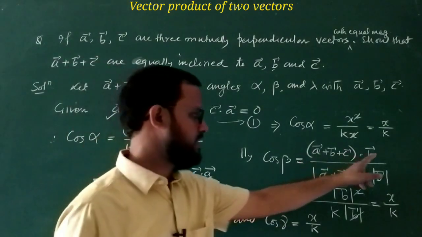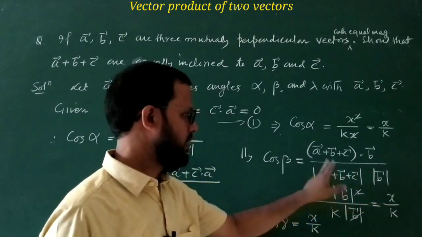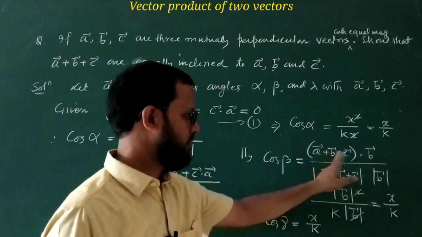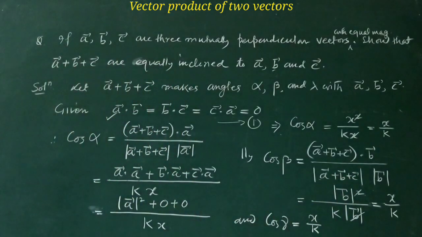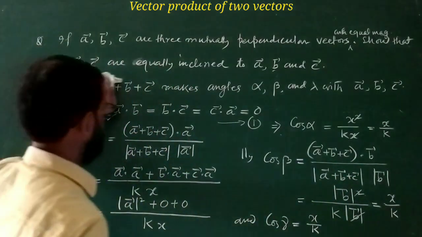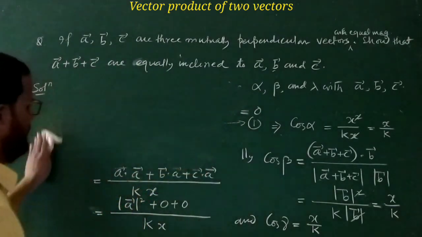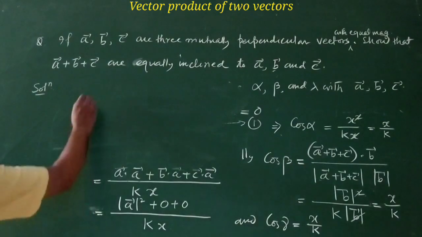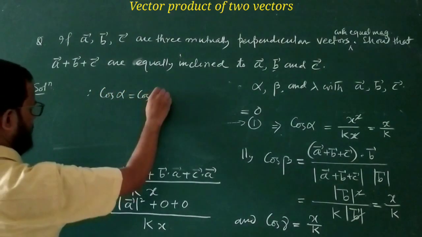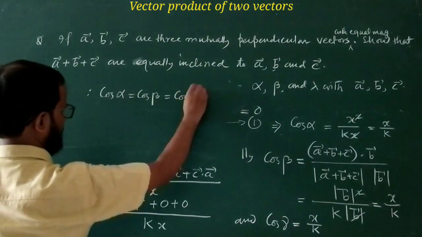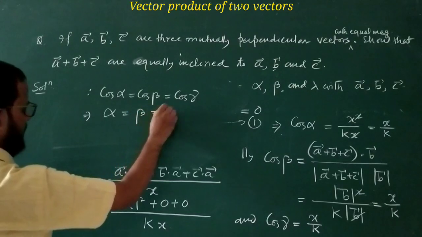After calculation cos gamma will be what? ये इसमें क्या है? c वेक्टर आएगा, इसमें भी c वेक्टर आएगा, इसमें तो सेम रहेगा, उसको एक्सपांशन करेंगे. आफ्टर एक्सपांशन यू विल गेट व्हाट? x by k. तो फाइनली वी गेट दैट finally cos alpha is equal to cos beta is equal to cos gamma, and from here you can write alpha equal to beta equal to what?